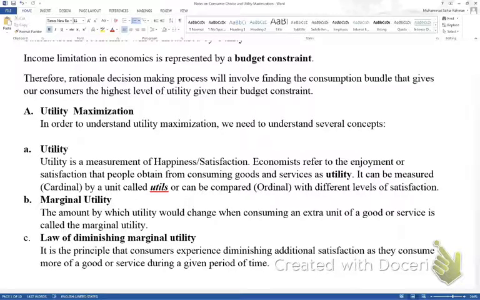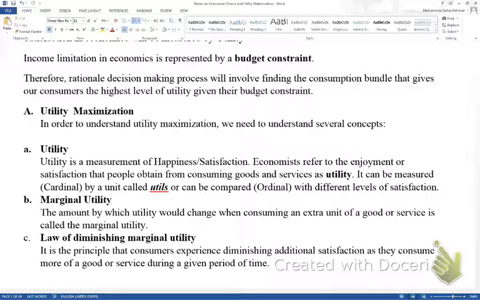Satisfaction can basically be compared between individuals by saying that someone is happier than me or I am happier than someone else. So a lot of economists argue that utility can be compared and ranked. In more formal terms, these economists argue that utility is an ordinal concept, meaning that you can only compare utility rather than measure utility itself.